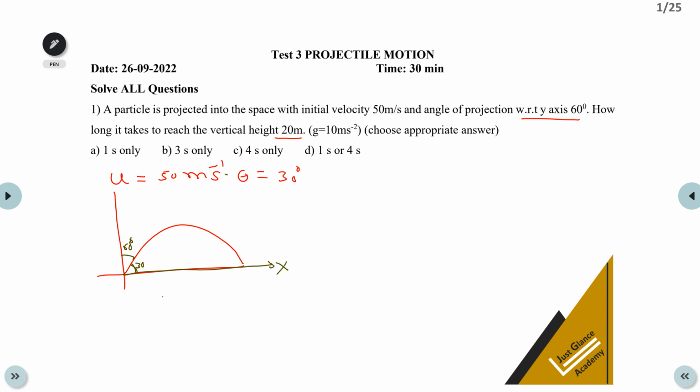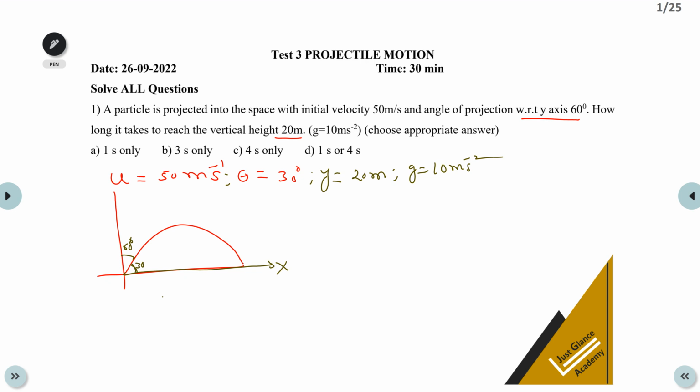That's why theta equals 30 degrees. And y equals 20 meters and g equals 10 meters per second squared. These are the given data.